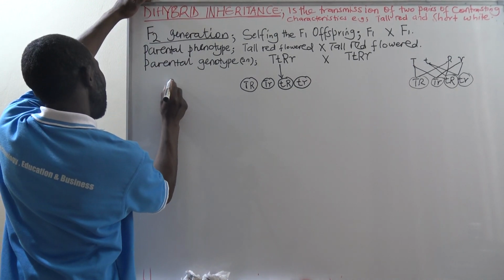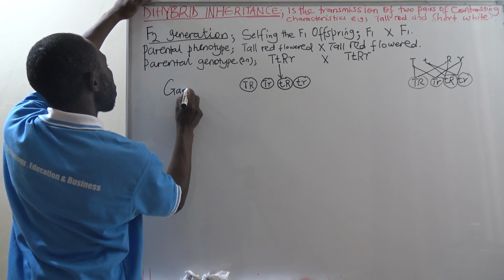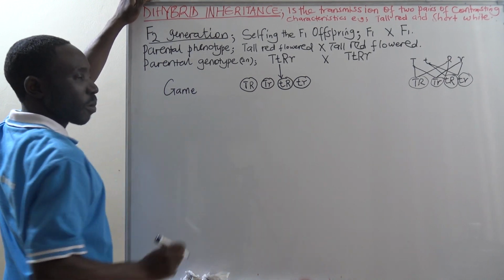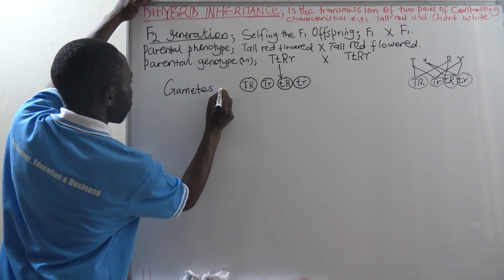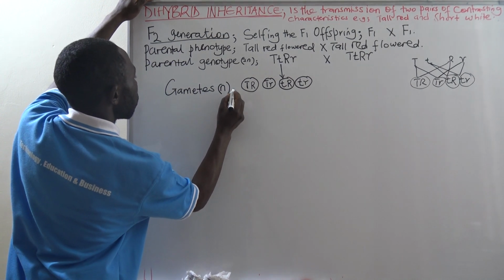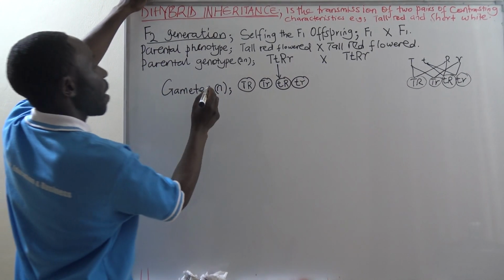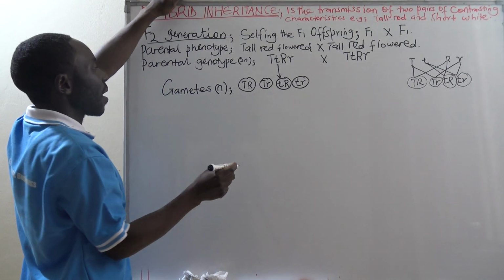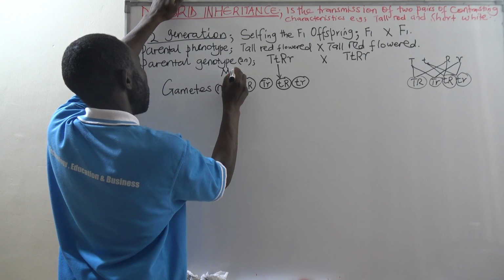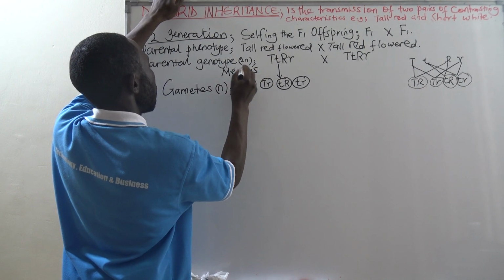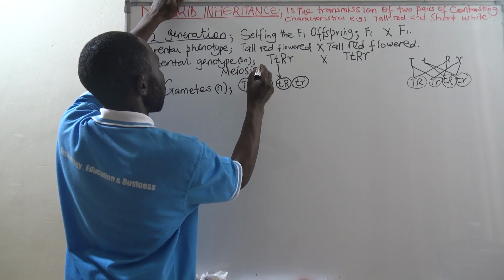Those combinations of alleles are carried in gametes, which are haploid, denoted by N. The segregation and independent assortment occur during meiosis.